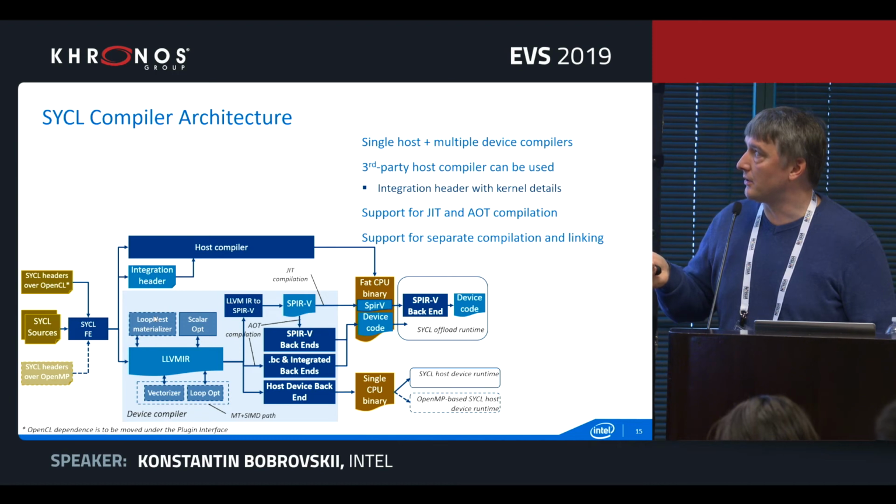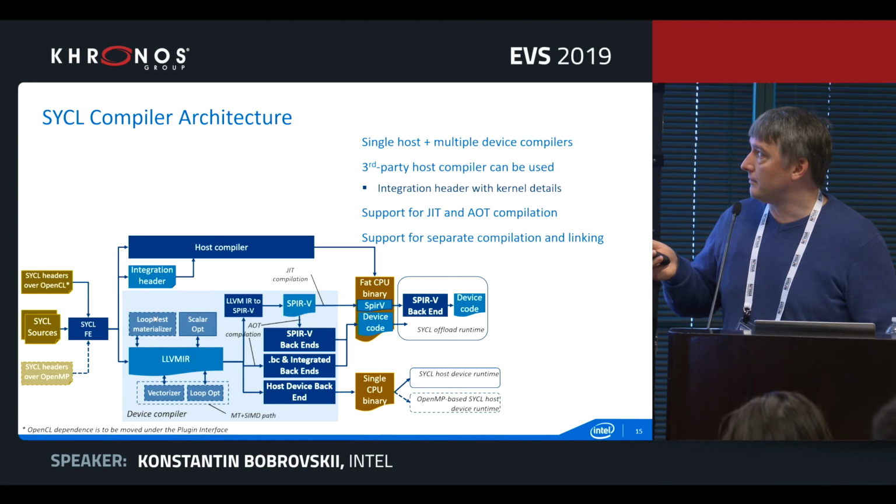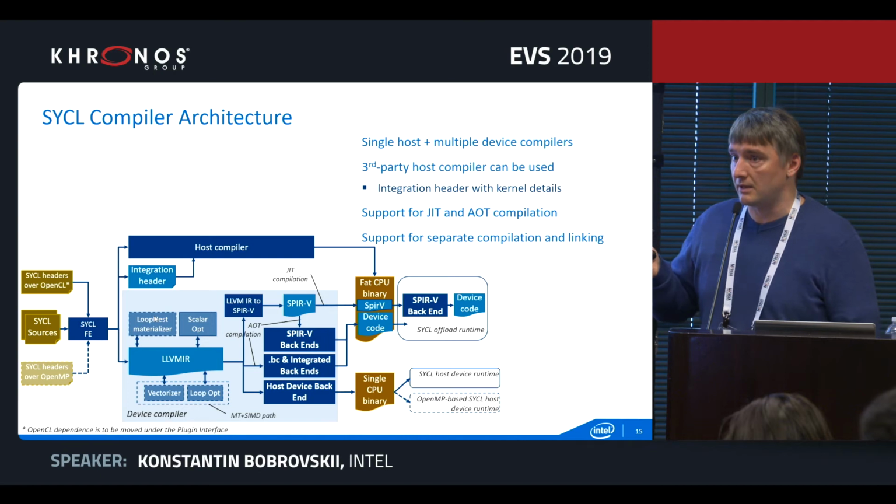This integration header is fed into the host compiler, and finally we produce the so-called fat binary, which is a normal host binary with device code embedded in it. It is then passed to the SYCL Offload Runtime, which is able to extract either SPIR-V or device code and run it on the device or devices.